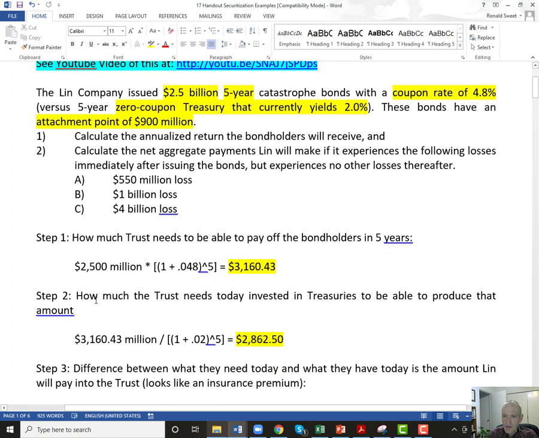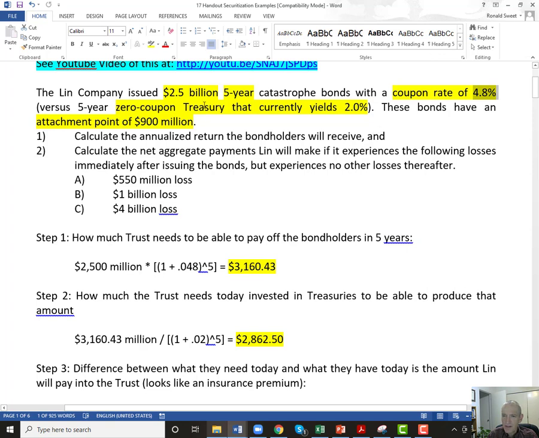So if they buy a treasury security, how much do they need to invest today so that they will have $3.16 billion? Well, you take the ending value that they need and divide it by the rate they're given, 1 plus 2% to the 5th. Today they need $2,862,500,000. All right? So they need to invest this today at 2% so that in 5 years they have enough money that these people will end up with a 4.8% return.